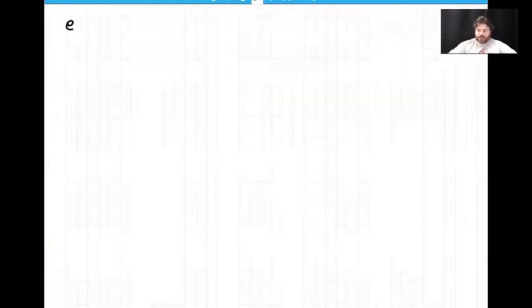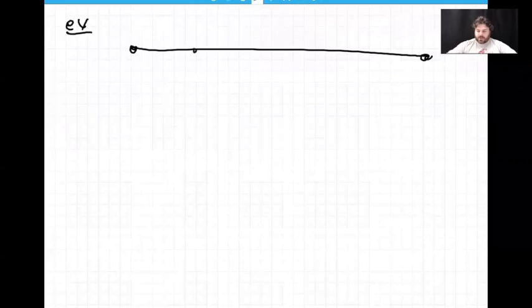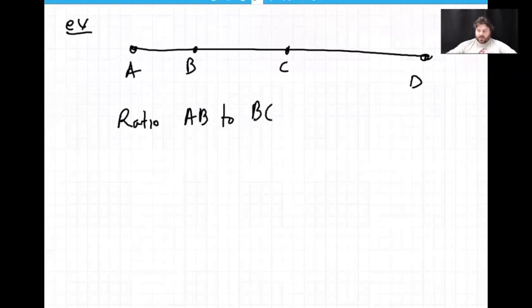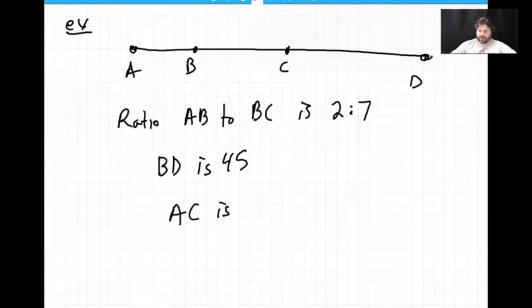All right, so let's look at an example. We've got this line segment. We've got these points A, B, C, and D, and it says the ratio of AB to BC is 2 to 7. Then it says that BD is 45 and that AC is 35.